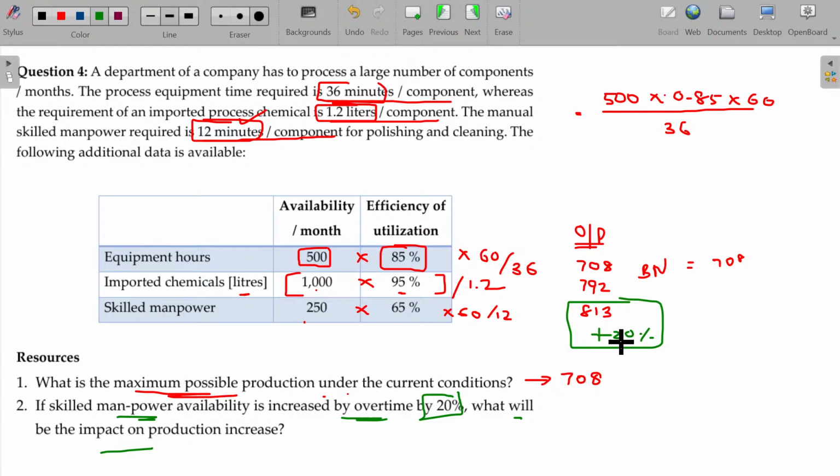By increasing 20%, 813 plus 20%, how many units could be produced? 976. Though we produce 976 components using the skilled manpower, equipment hours are not available, still the bottleneck is the same equipment hours. So you have to raise the productivity of the equipment hours to improve the output. Clear? Hope now you will be able to understand.